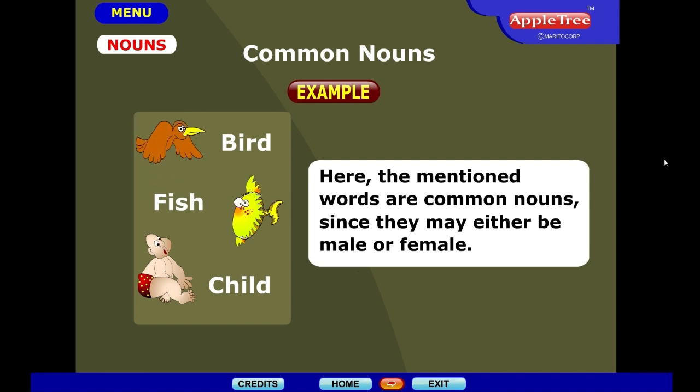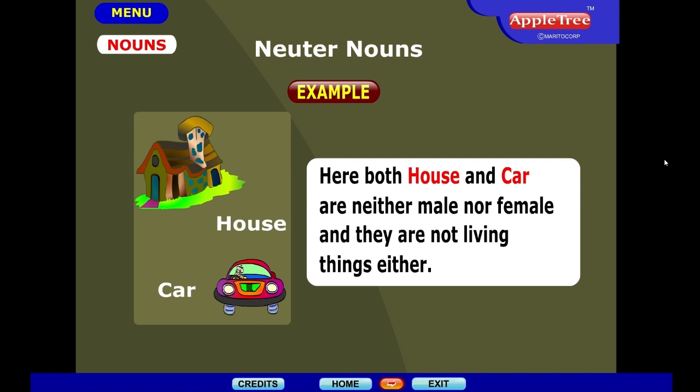Here the mentioned words are common nouns since they may either be male or female. And finally come the examples for neuter nouns: house and car. Here both house and car are neither male nor female, and they are not living things either.